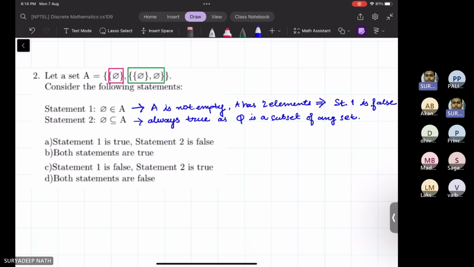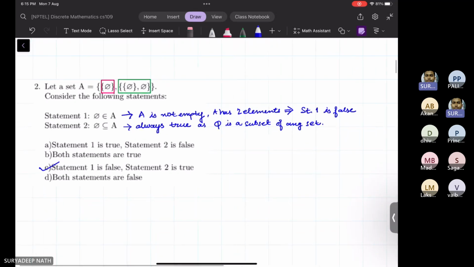So statement 1 is false and statement 2 is true. Therefore, option C is the correct answer for this question. I hope that is clear. If you have a doubt, you can ask me now.